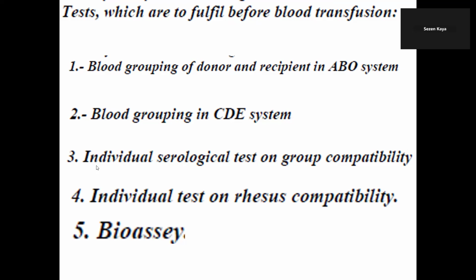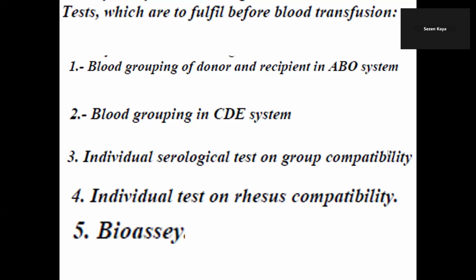Third, an individual serological test for group compatibility. What does it mean? They take erythrocytes of the donor, and they take blood plasma of the recipient, and under special conditions they look under the microscope whether there is an agglutination reaction or not.